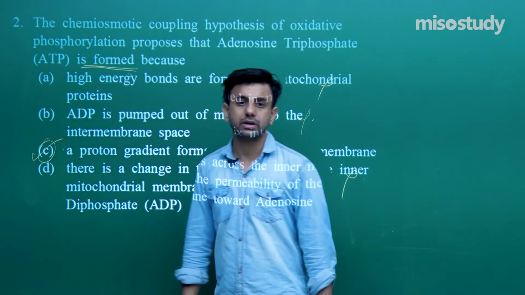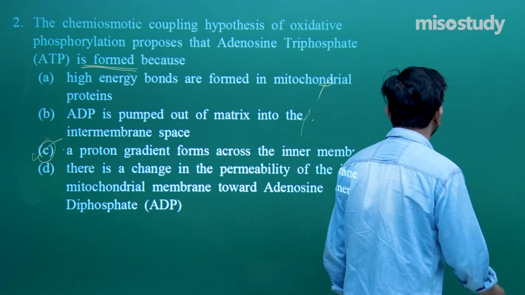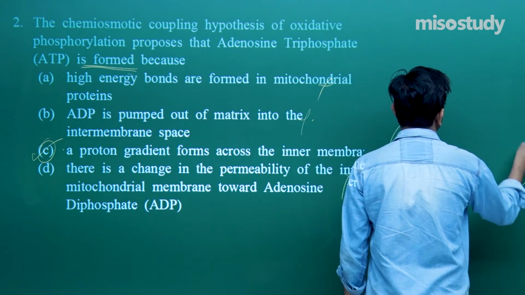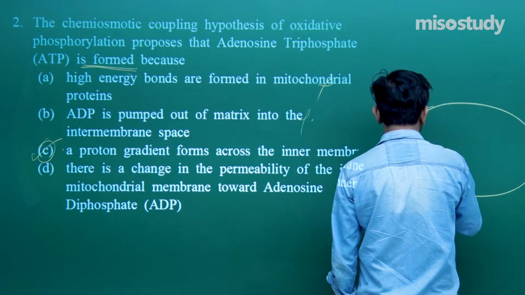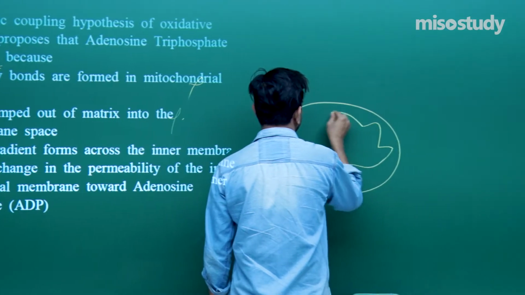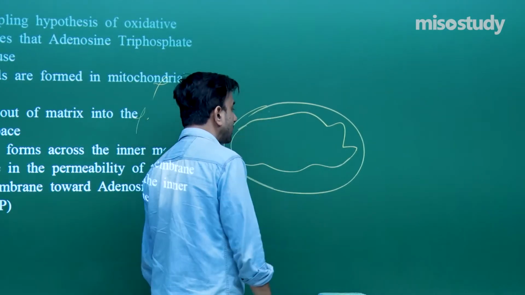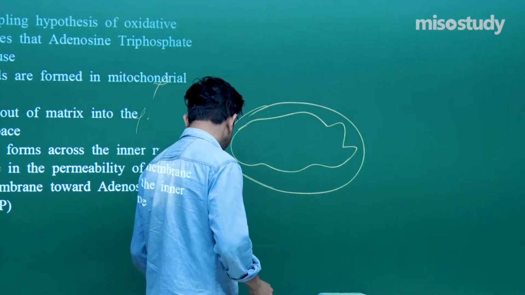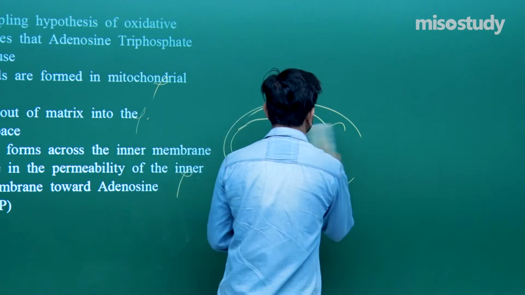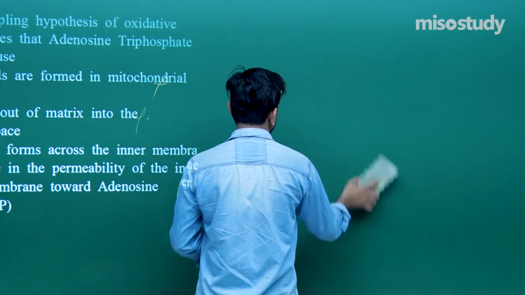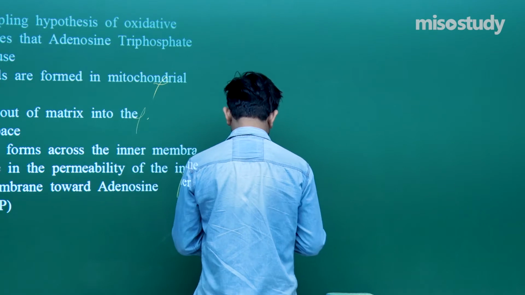We have all talked about how the electron carriers are located in the cristae. This is the intermembrane space.